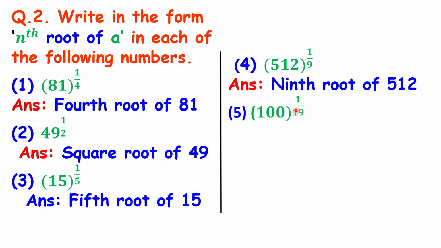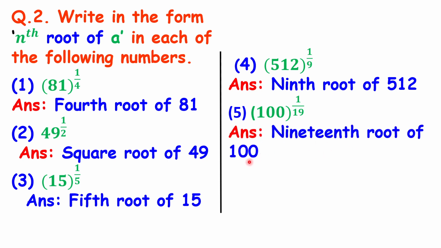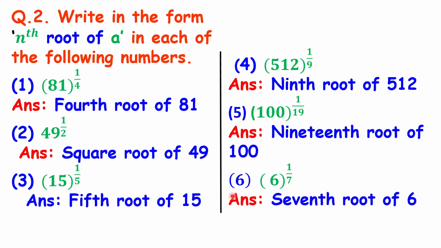Here 19 is the denominator of index and 100 is the base. So answer is 19th root of 100. Solve this example. 6 raised to 1 upon 7. 7 is the denominator of the index and 6 is the base. So answer is 7th root of 6.